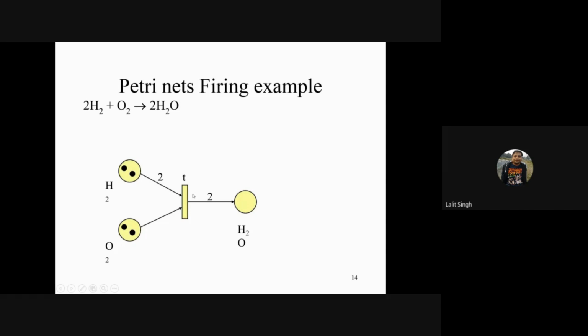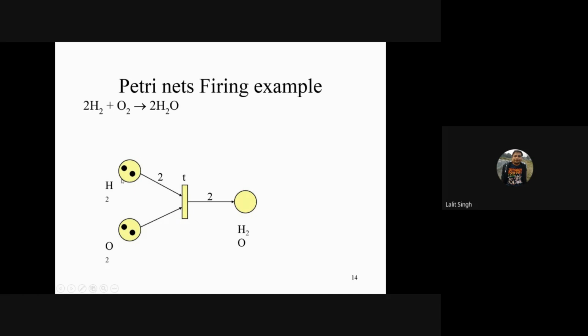With respect to this figure, the input places of transition T are hydrogen and oxygen, and these two places must contain a sufficient number of tokens. Now, who will decide the sufficiency criterion of the tokens? Here, the significance of the weight comes into the picture. The weight of the respective arcs will decide the sufficiency criterion of the tokens. If you see, the weight of the arc connecting the hydrogen place and transition T is 2.